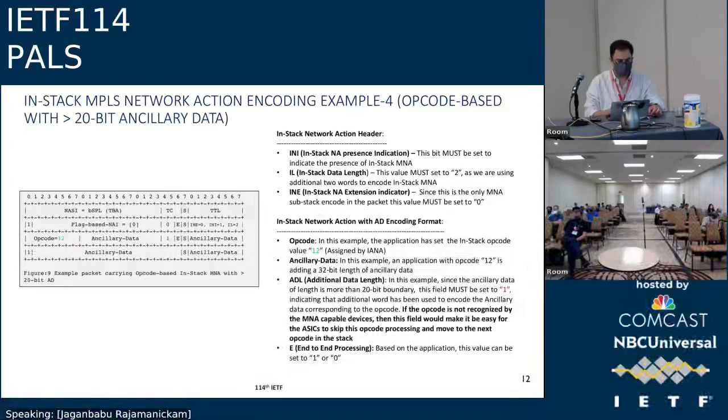For example, if 12 is not supported by a mid node, it knows that with the ADL field at 1, the second word is not being used, and then it can skip to the third word and start processing the next opcode available in the stack. That could be very helpful in skipping the unknown opcodes and processing the data. Similarly, E will be set based on end-to-end processing or hop by hop processing.